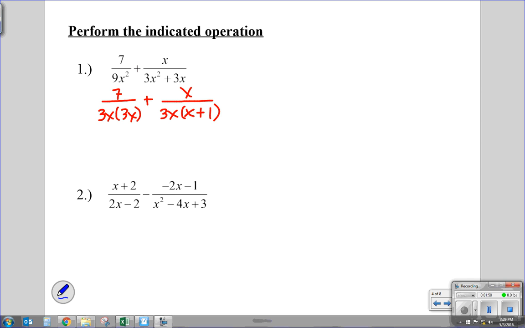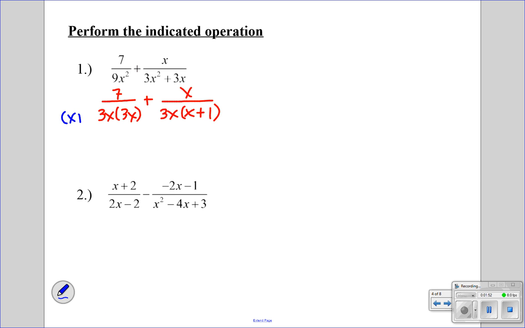to get the same denominators, we have to multiply the first one by x plus 1 on top and bottom, and the second one by 3x on top and bottom. Therefore, we have 3x times x plus 1 as our denominator.